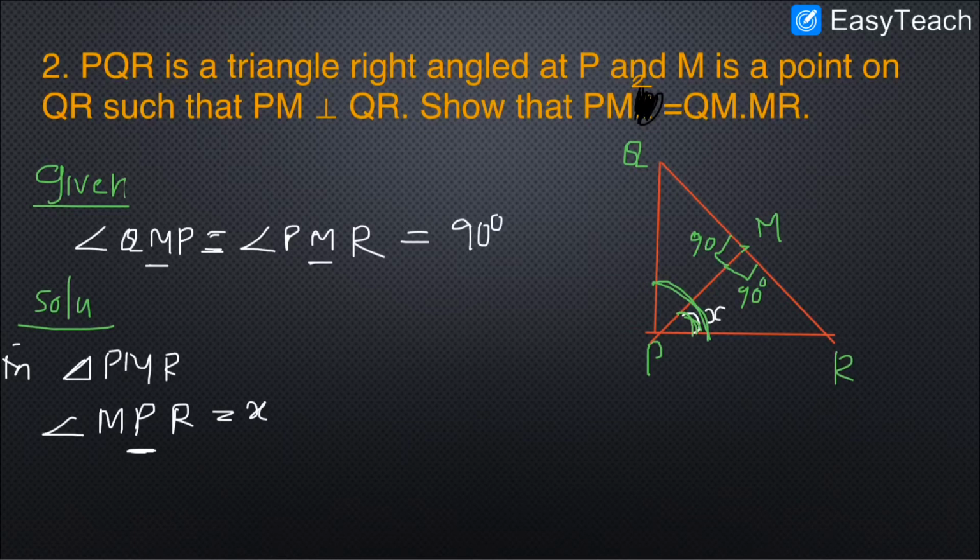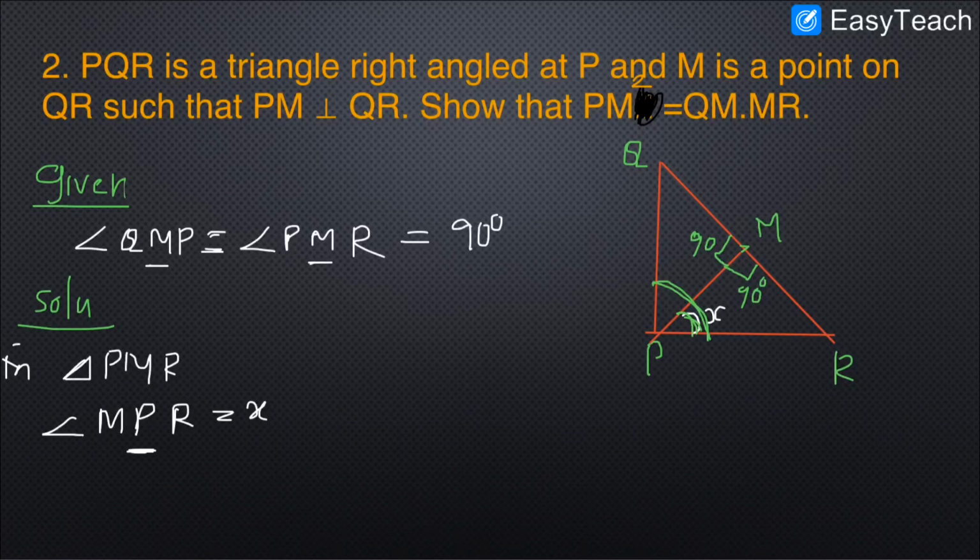If two triangles are similar, we know that the corresponding sides are proportional, right? To write the ratio properly, you can use a trick. Look here: QM upon PM, and MP upon MR, and QP upon PR. If you write this part in the correct way, the trick is going to work. So how did we write this step?